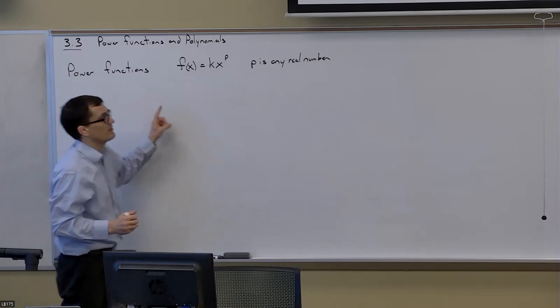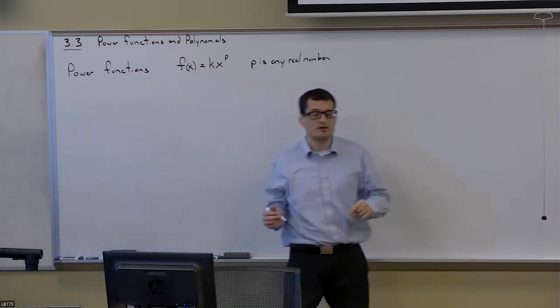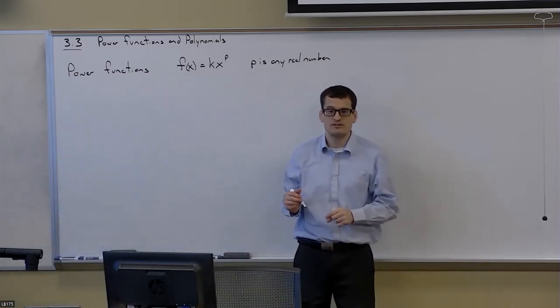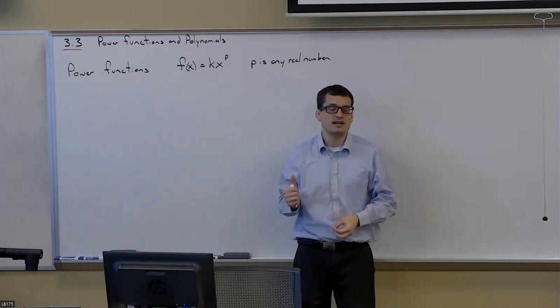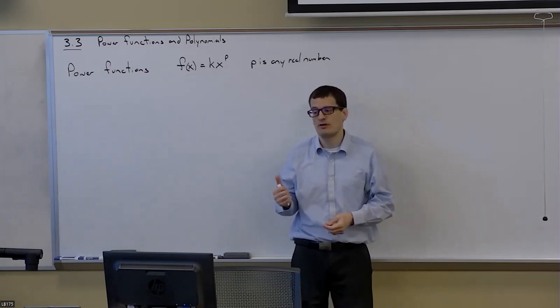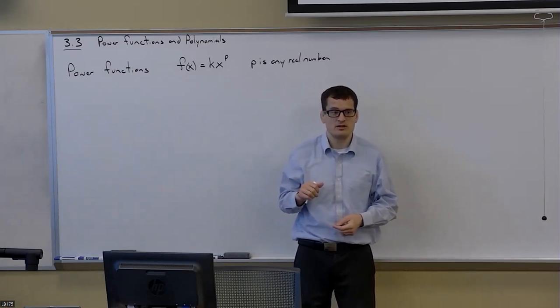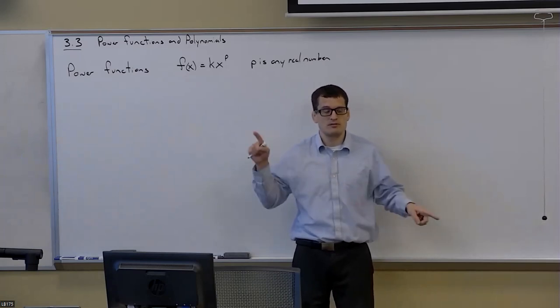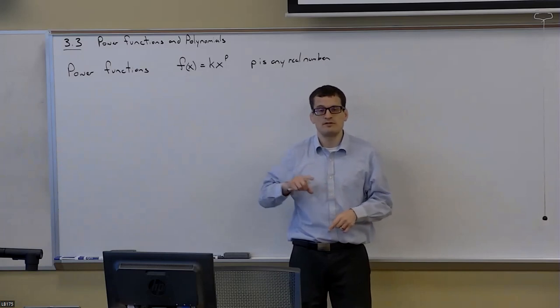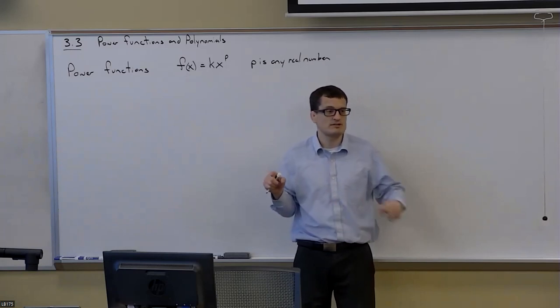And we talked about what's called the end behavior of these power functions. When p is a whole number and odd, we know one side goes off to infinity and one side goes off to negative infinity.